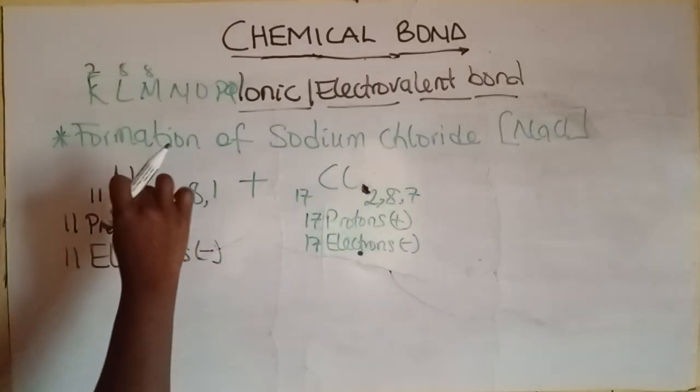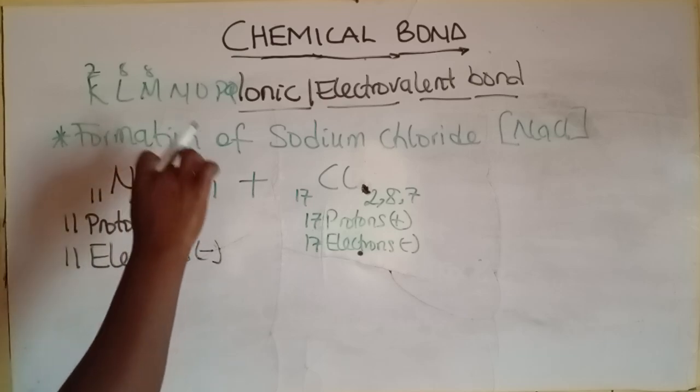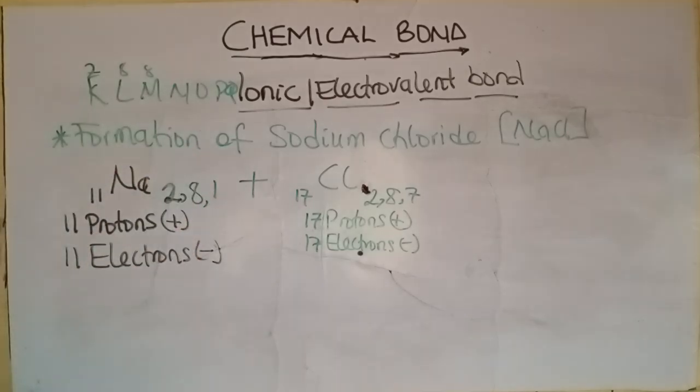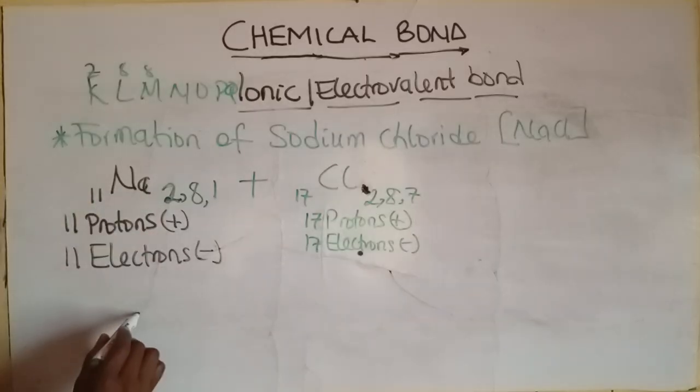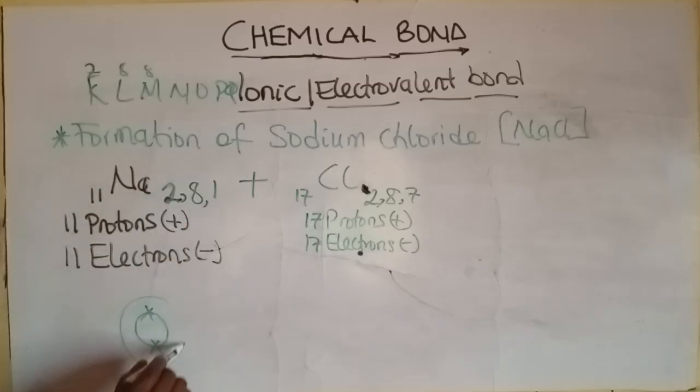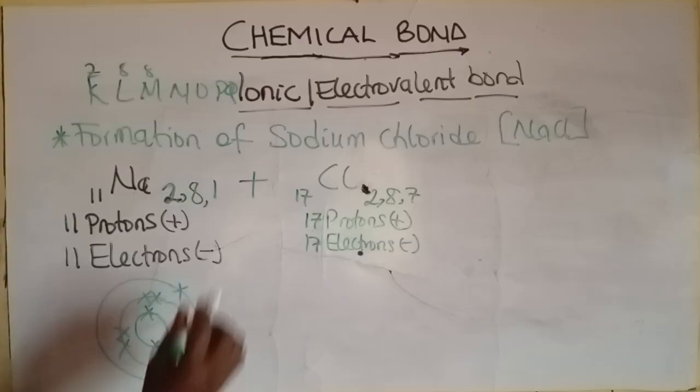Now let's draw these shells indicating these electrons. The first shell for sodium will be 2 electrons. The second shell, 8. And the last shell, 1 electron.